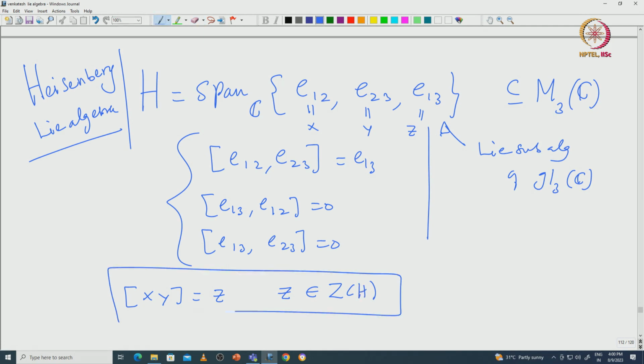So, this way you have given all the products. Because this is a Lie subalgebra, there is nothing to check, because the Jacobi identity and all will be true. But you can also start with the span of x, y, z which has this Lie product, and then directly check that it also forms a Lie algebra. Okay.